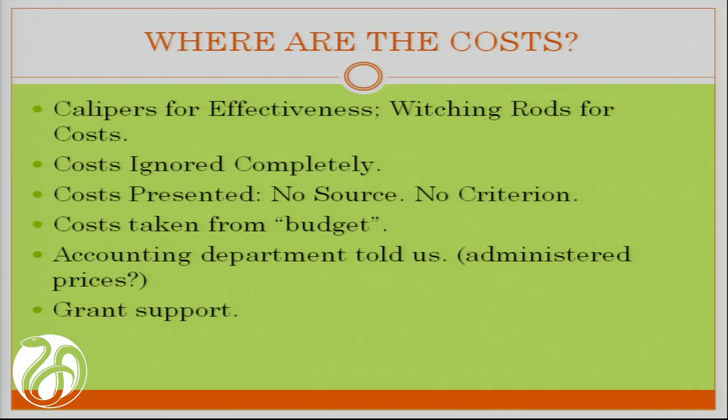Let me begin by saying, where are the costs? If we look at the literature, we use calipers to measure effectiveness, and we use witching rods to measure costs. Why? I'll come back to the why in a minute, but let me elaborate. In many studies, the costs are ignored completely.